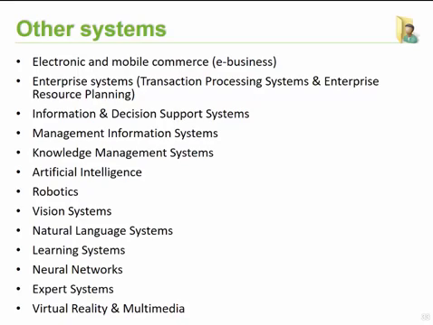Enterprise resource planning would typically include keeping track of your customers, keeping a list of all your employees, the wages that they're supposed to get, all those kinds of aspects. We would find information and decision support systems, helping us to make better decisions.